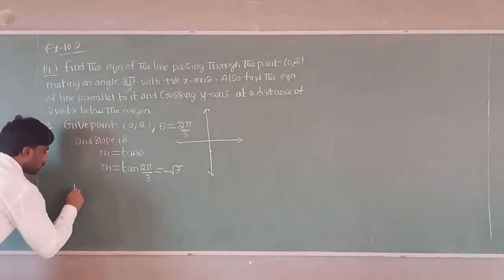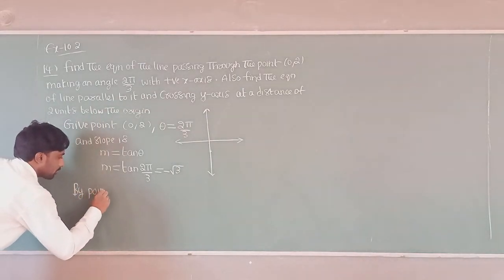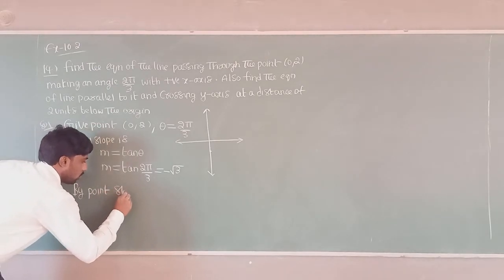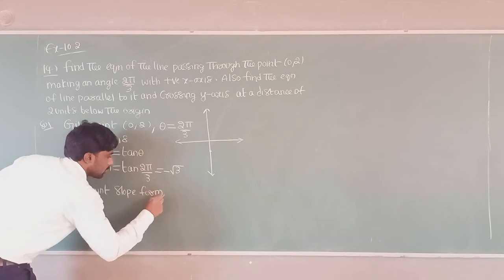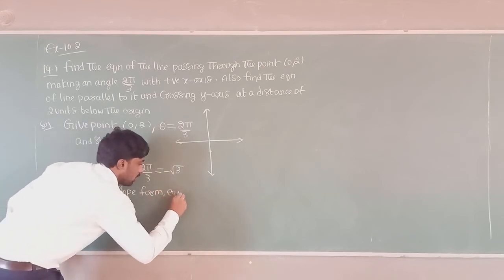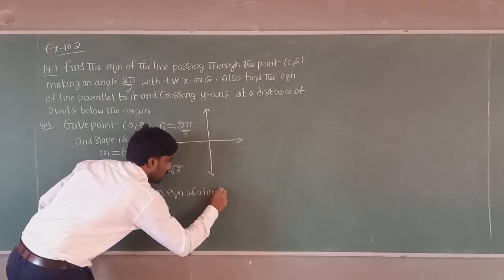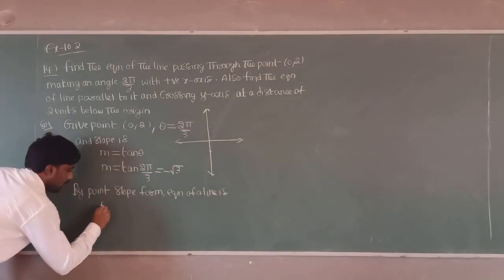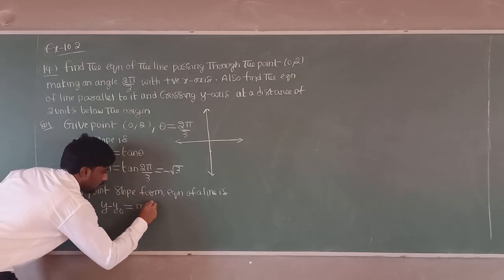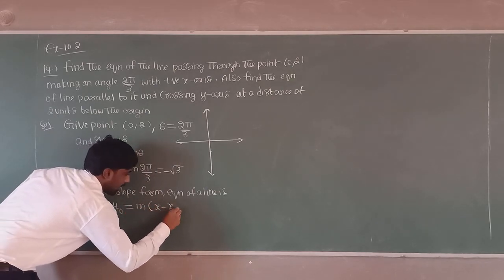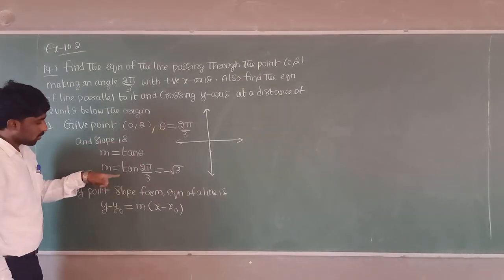Then by the point-slope form, the equation of a line is y minus y naught equals m into x minus x naught. This is (x naught, y naught), and this is m.